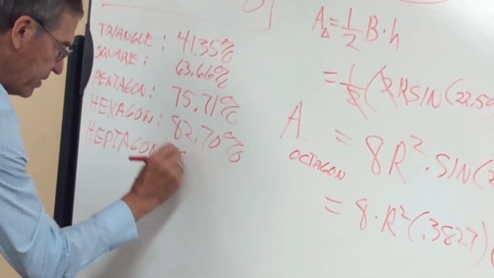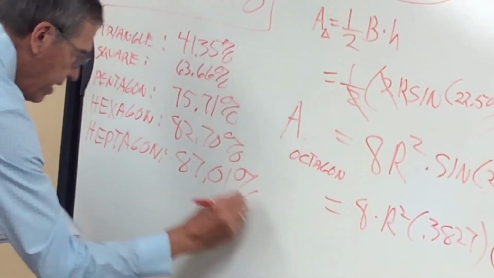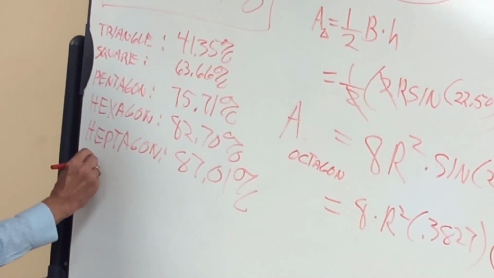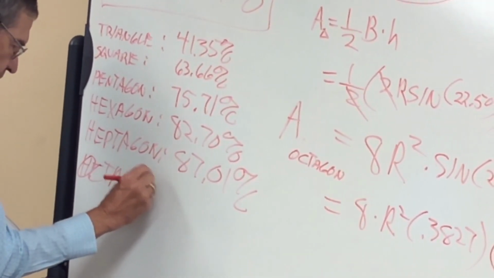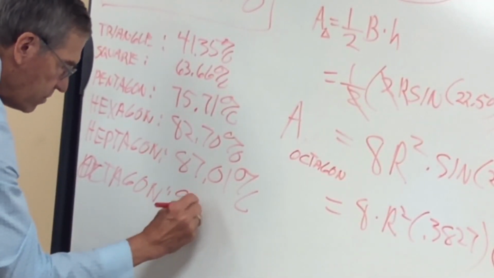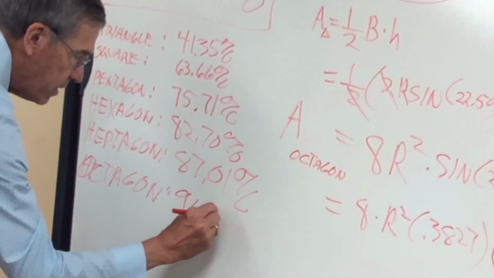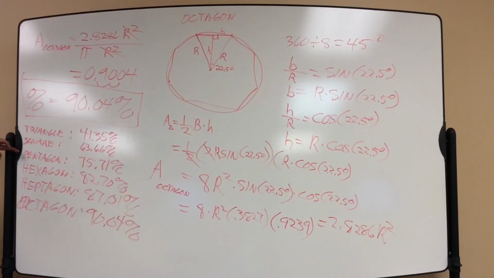Is 87.01%, and we just did the octagon, I'm sorry, which was 90.04%. So I invite you to practice the pentagon, the hexagon, and the heptagon. See if your figures come out to these that I wrote on the board.